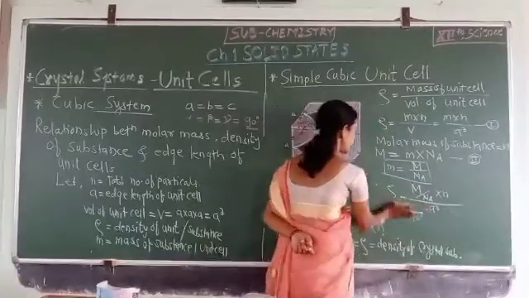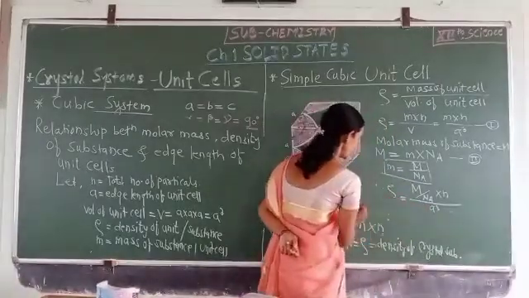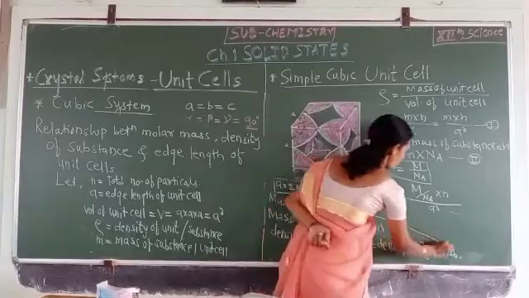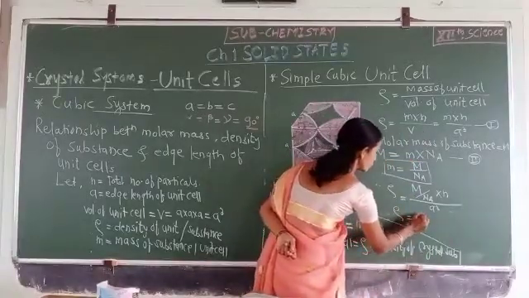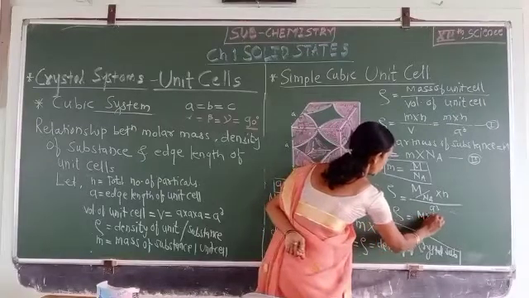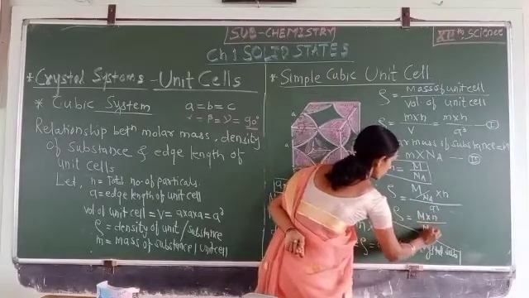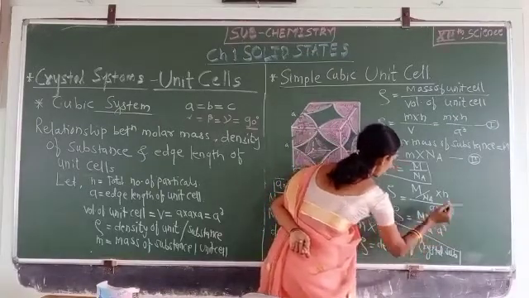That means rho, the density of the unit cell, is equal to M into n upon Na into A cube.